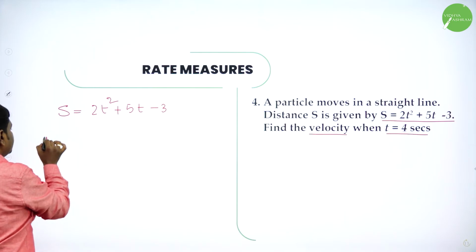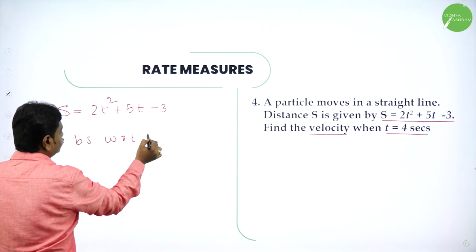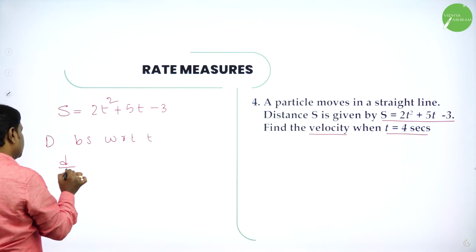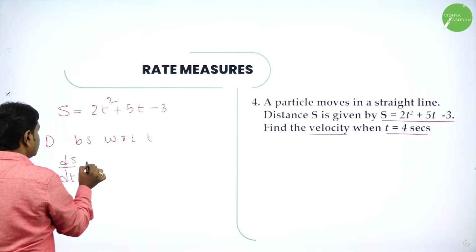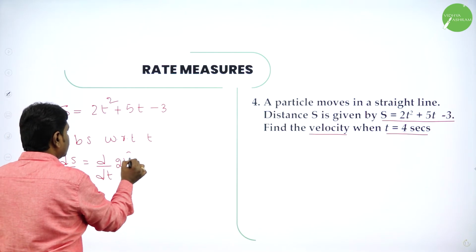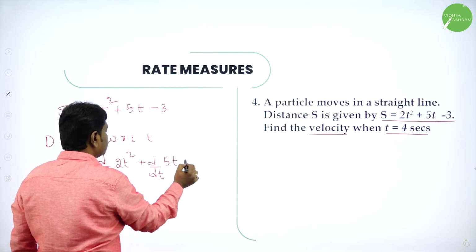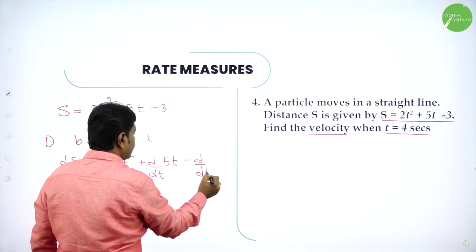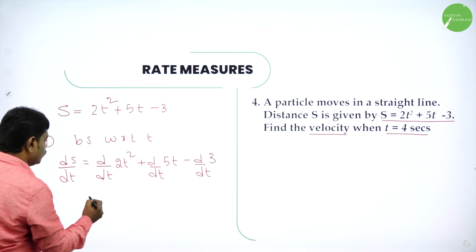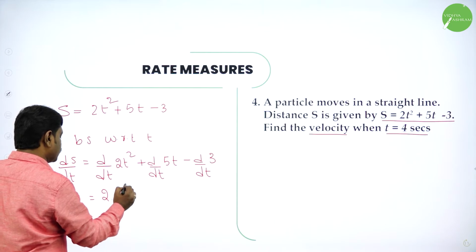Now differentiate both sides with respect to t. Then the LHS becomes d by dt of s, equal to the RHS, d by dt of 2t square plus d by dt of 5t minus d by dt of 3. Now 2 is constant, take it out, and d by dt of t square is 2t.